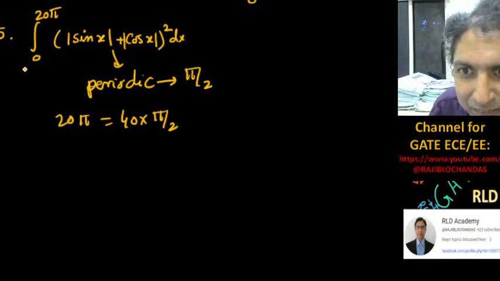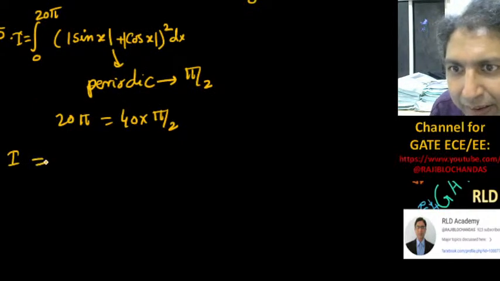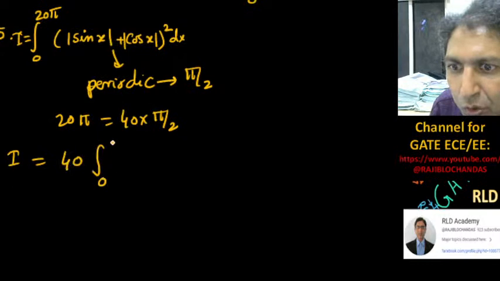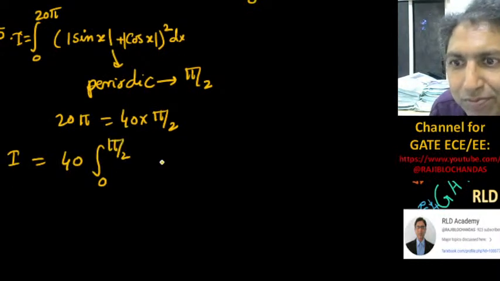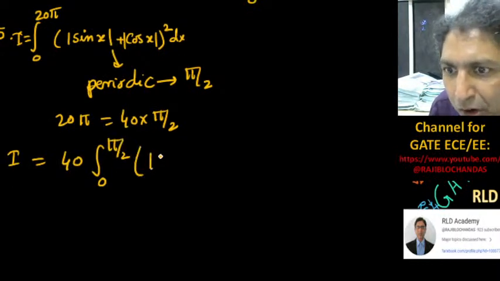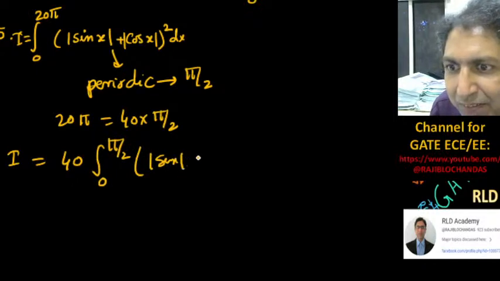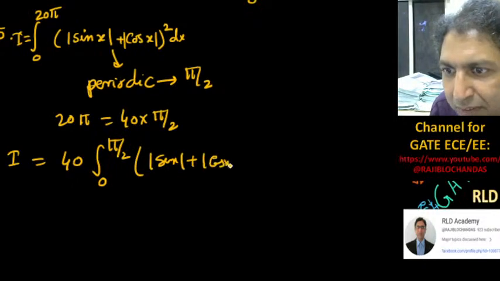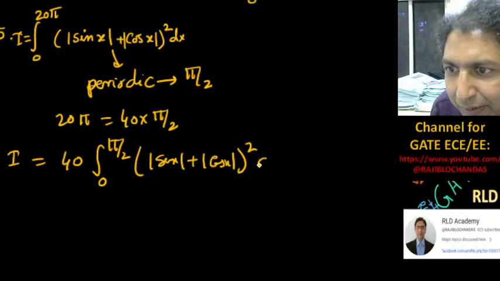Thus, this I, so what is the I? This one is 40 times 0 to pi by 2, then mod of sin x plus mod of cos x, that square dx.